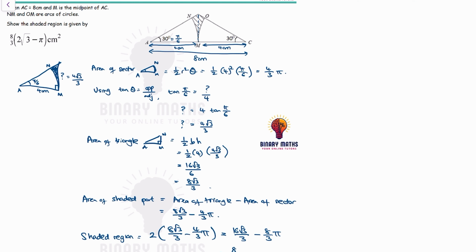There's nothing else in common, so inside the bracket I'm going to get 8 over 3 times what gives me 16 root 3 over 3? I must have 2 root 3. And the only term that's missing in the second term is pi. And that is what I wanted. Because the units for length were centimeters, the area must be centimeters squared. And that is it. So I've shown that it is equal to this.